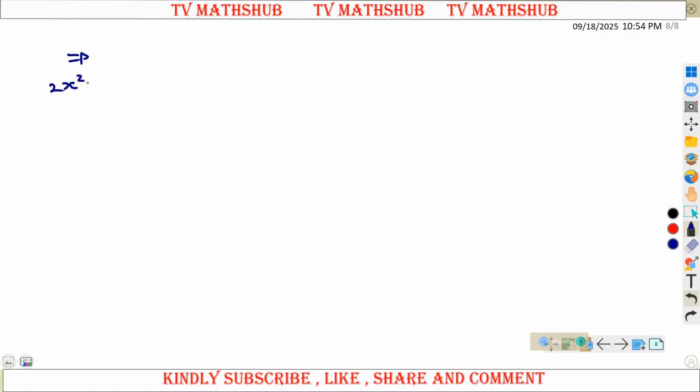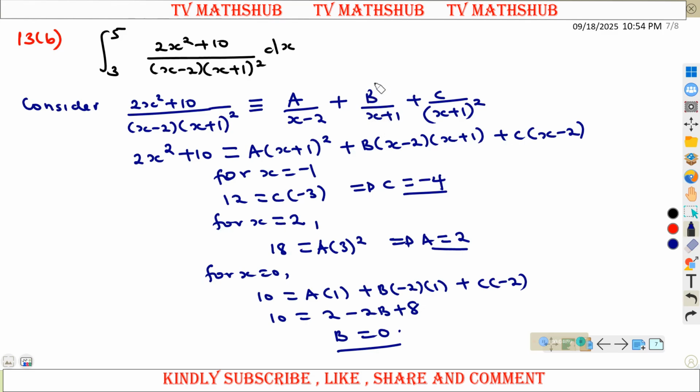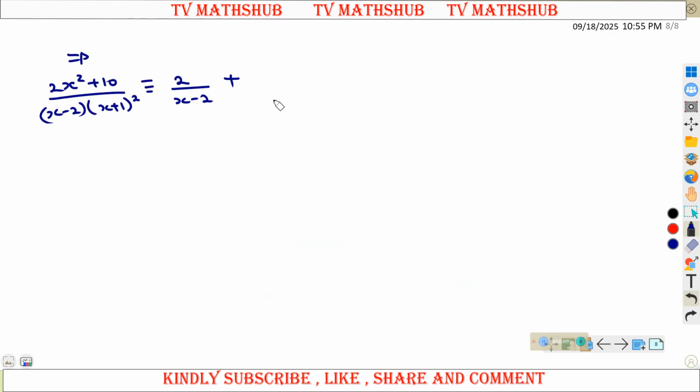This will imply that 2x squared plus 10 divided by x minus 2 into x plus 1 squared will be equivalent to a, which we got as 2 divided by x minus 2, then plus b, we have got b as 0, so the expression for b will be 0 here, then plus c is negative 4 over x plus 1 squared.